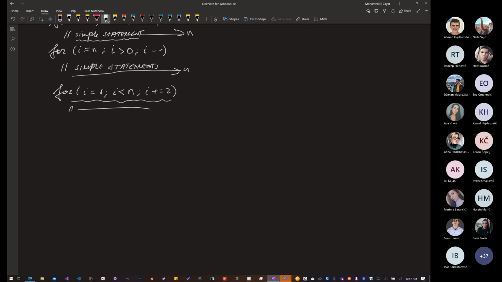Because this cannot run for 1. No, this cannot be running for n minus 1. That's the point. N divided by 2. Exactly. This will run n divided by 2 because you are skipping every other element, practically speaking. But she was right, that actually is going to be order of n, and everybody else who said it's order of n, because this is the highest order. So that's why at the end of the day, this is going to be O of n.